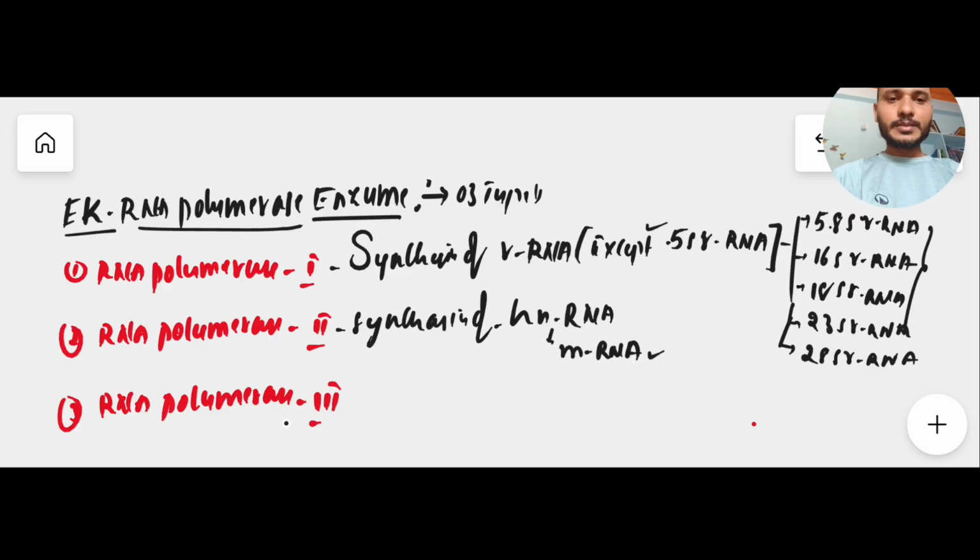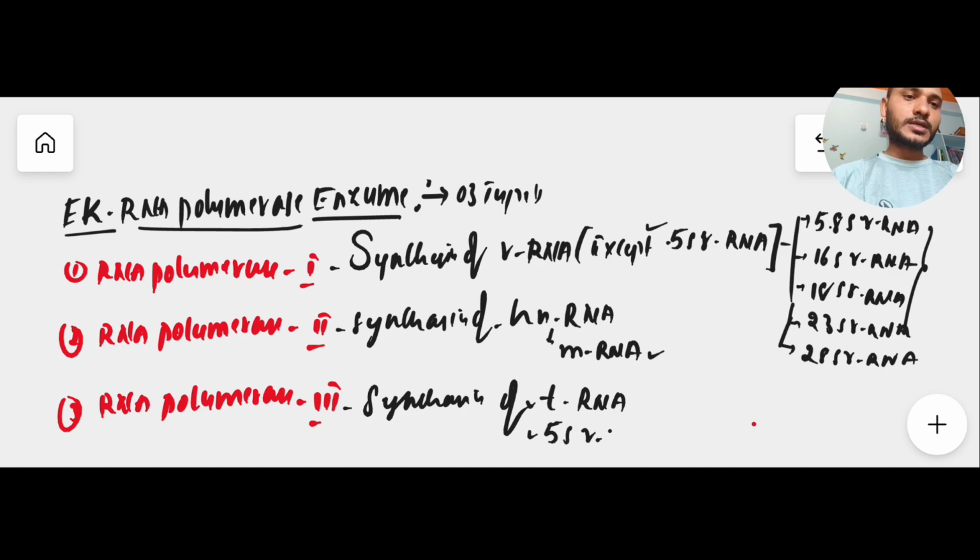Now coming to RNA polymerase 3. This enzyme helps in synthesis of tRNA, transfer RNA. Not only that, it also helps in synthesis of 5S rRNA. So 5S rRNA synthesis takes place in presence of RNA polymerase 3.